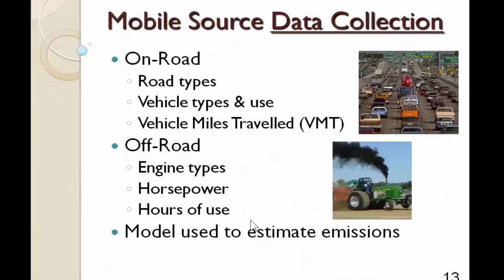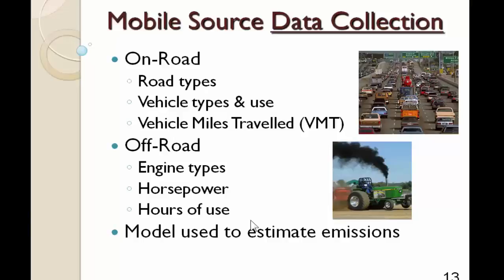So for mobile sources, there are on-road mobile sources and off-road mobile sources. For on-road mobile sources, there is not a calculator in TEISS now that calculates emissions from on-road sources for most emissions.